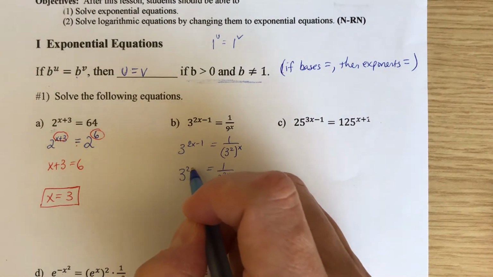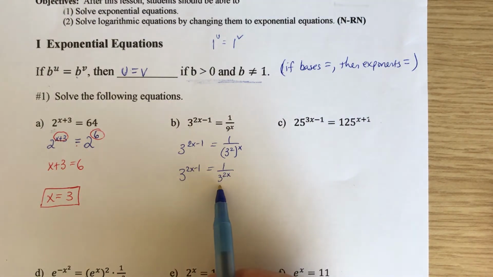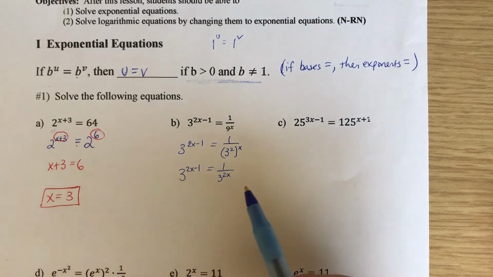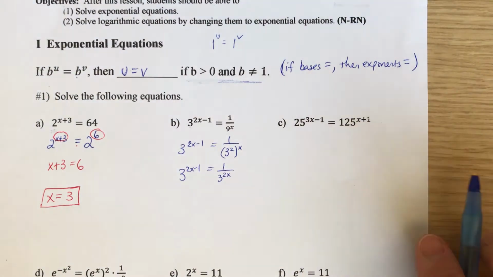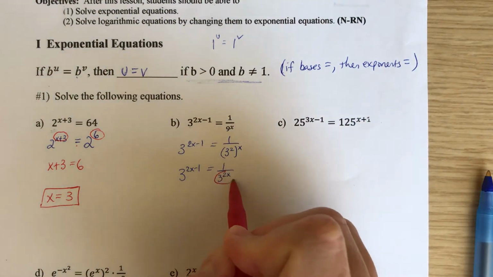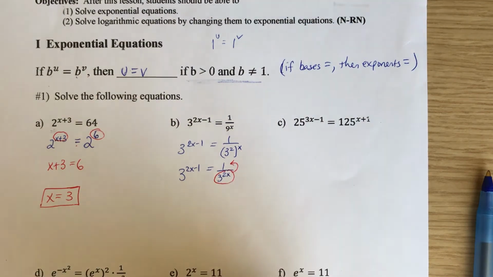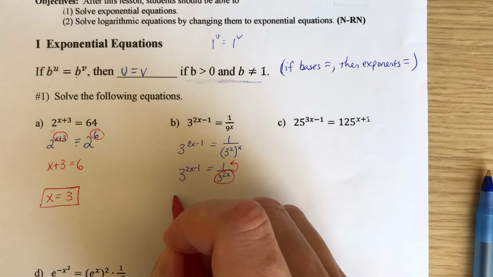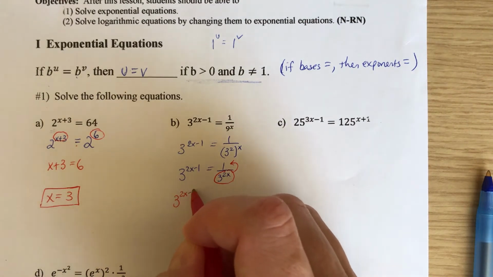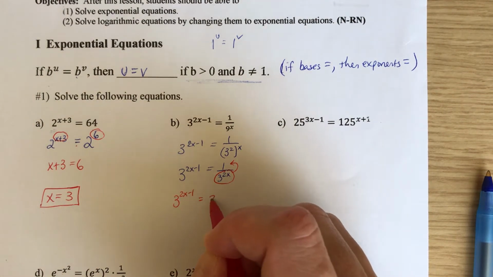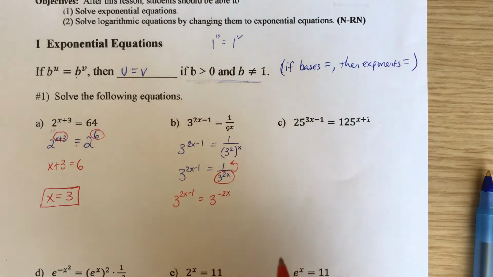Now we still have a problem though, because this base is in the denominator. So we're going to use a second rule of exponents, that we're going to take this 3 raised to the 2x and we're going to move this up to the numerator. But when we do that, the exponent that was positive will become negative. So we get 3 raised to the 2x minus 1 is equal to 3 raised to the negative 2x.